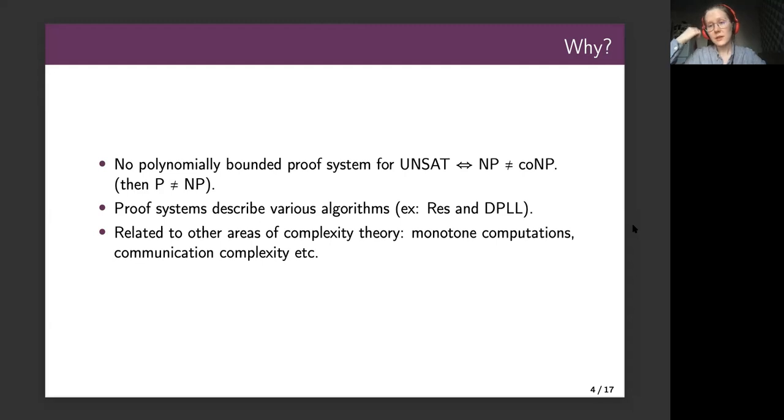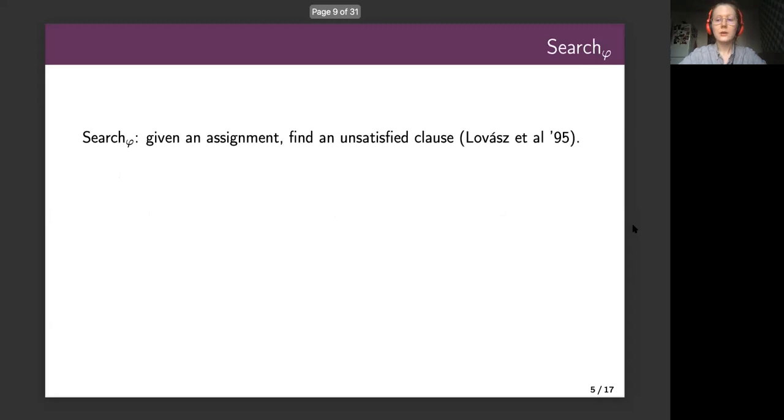And to understand this connection, let us take a look at the following problem. It is called search phi, and here we are given an assignment to Boolean variables of this formula phi, and we would like to find a clause falsified by this assignment.